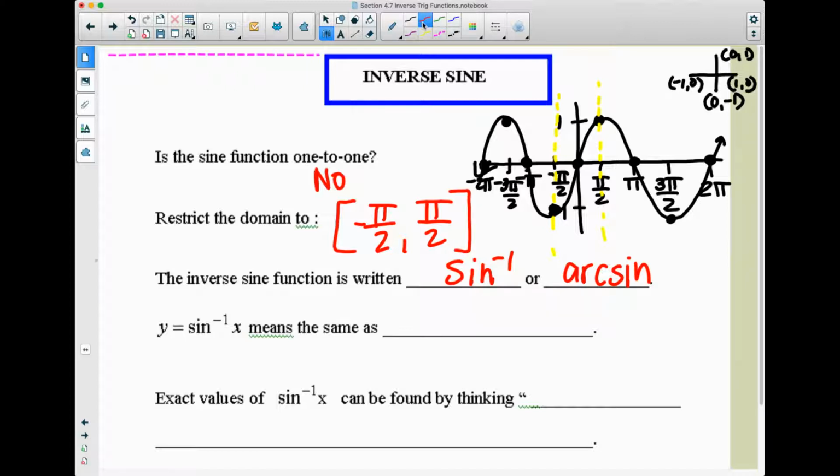What does that mean? It's just another name for it. You could see arc sine, or inverse of sine.